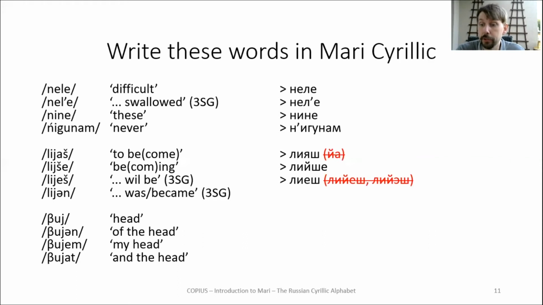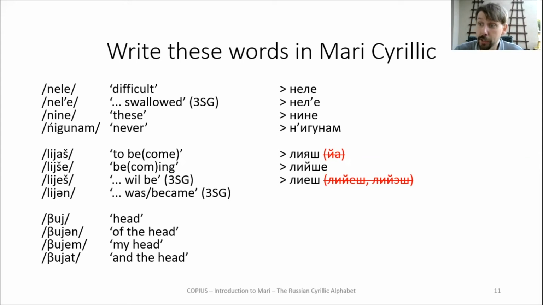It's important, the last two variants that you see here are not used in modern Mari orthography. The last version you see is actually how it was written in the 20s or the 30s, but nowadays you don't do this. And you don't use the first version that you see here with the y and the ye. My experience tells me that oftentimes students will early on in studying Mari write it this way.